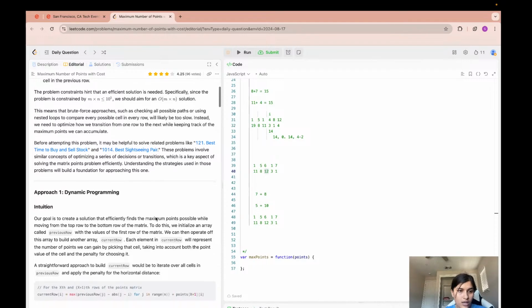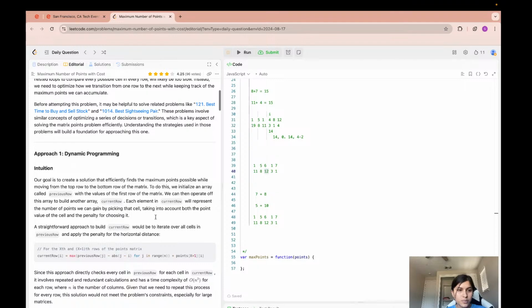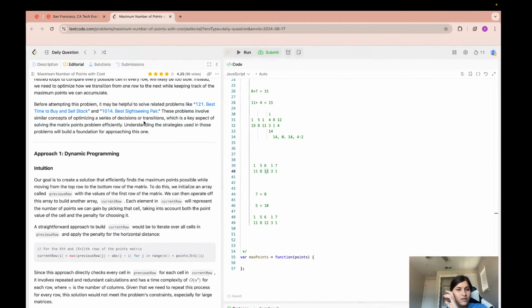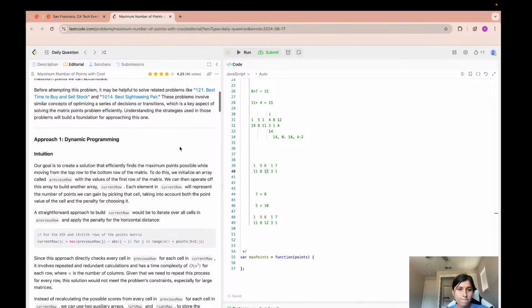The possible related problems may be useful: Best Time to Buy and Sell Stock, and 1014 Best Sightseeing Pair. These problems involve similar concepts of optimizing a series of decisions or transactions, which is a key aspect of solving the matrix points problem efficiently. Understanding the strategy used in those problems will build a foundation for approaching this one.